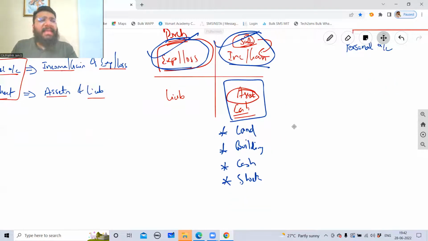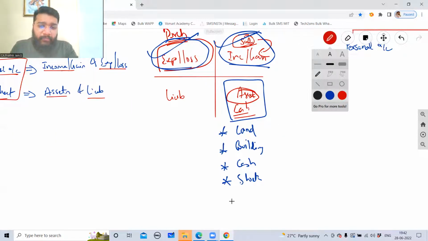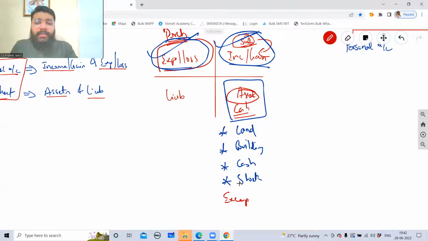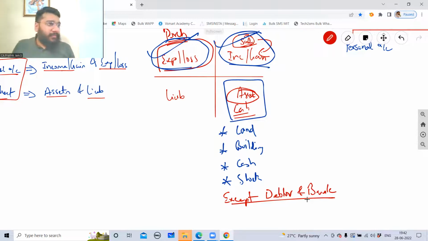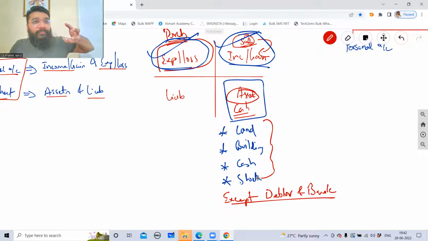All assets, any assets you name, except two people, debtor and bank. You are not supposed to go to real account, which means all the assets will go to real account except debtor and bank.